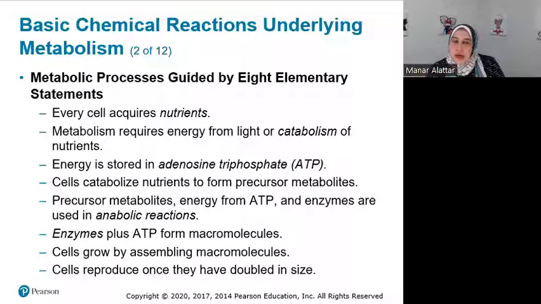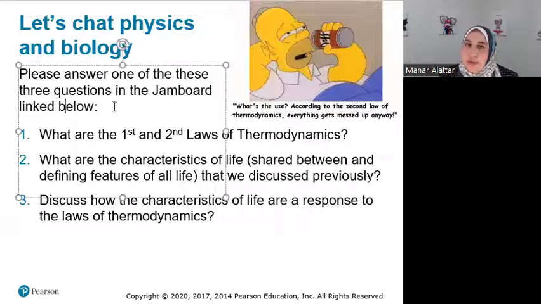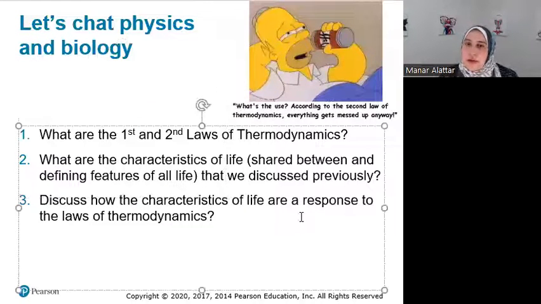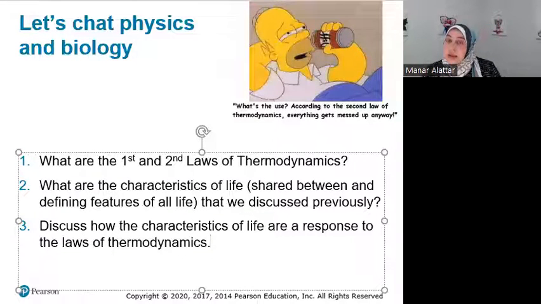And so although it's not a complete discussion of metabolism, cellular respiration really helps us to understand. And so I want you to think about, as you're moving between the parts, think again about the laws of thermodynamics and the characteristics of life and how they're tied into these concepts that we're working with in this class.